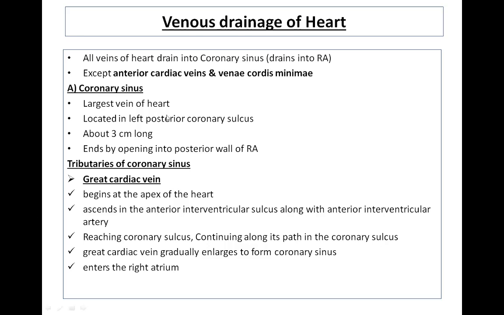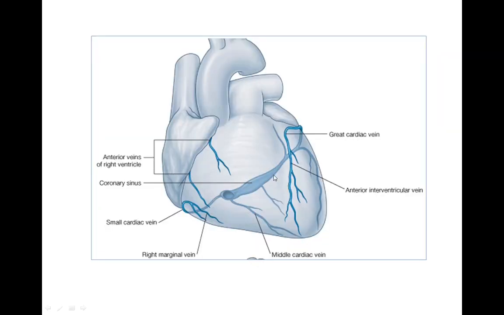Now come to the coronary sinus. Coronary sinus may come as a short note, sometimes as a long question, and sometimes as a diagrammatic question also, so you have to know it. The coronary sinus is the largest vein of the heart. It is located in the posterior coronary sulcus. So this is our posterior coronary sulcus, and this is our coronary sinus.